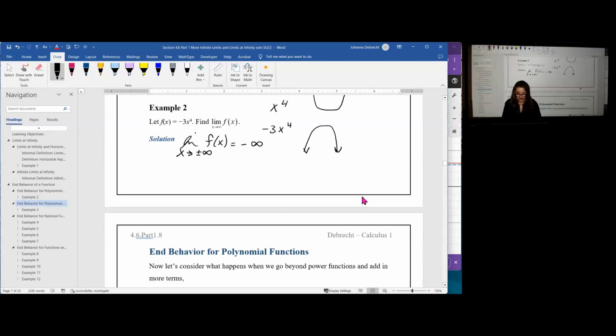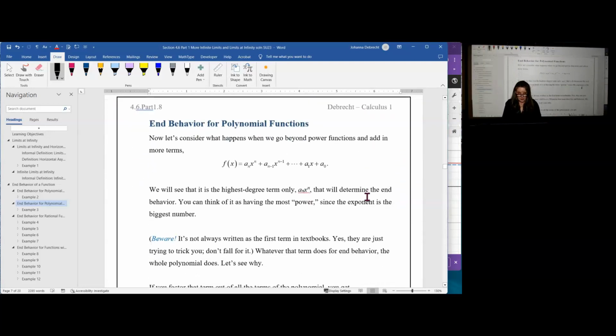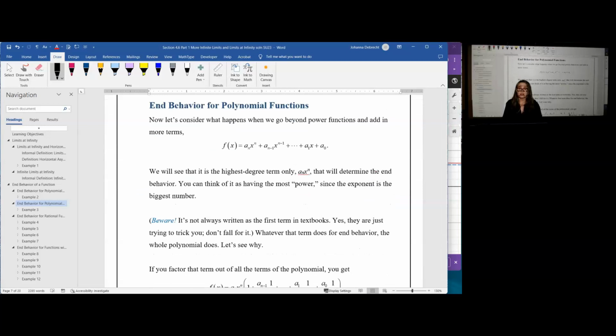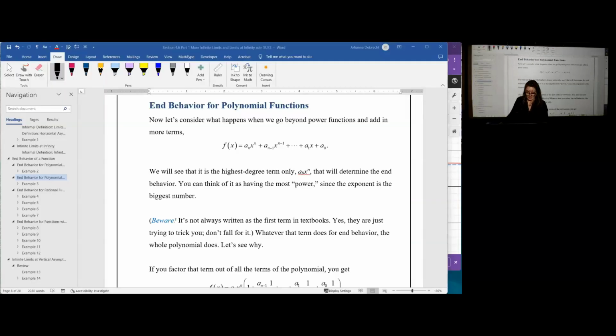Now we want to talk about end behavior for polynomial functions. When we're looking at polynomial functions, remember we have real coefficients, whole number powers on the variable when written in the numerator. So 0, 1, 2, 3, and so on.